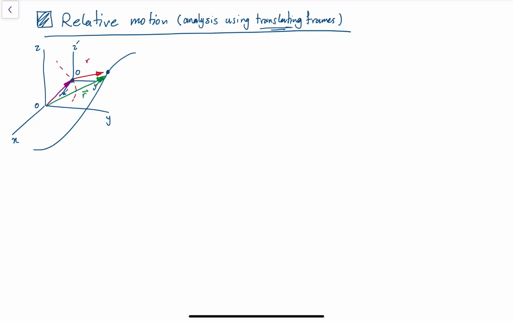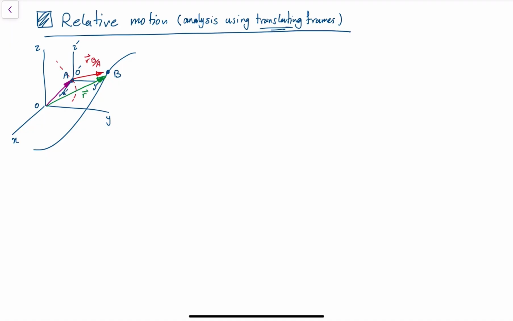Let's give these ones a name too. Let's call this point B and this observer A, and that should have been O prime. Sorry about that. So this observer sitting at A, moving, measures a position vector of B relative to A. That's how we show it.